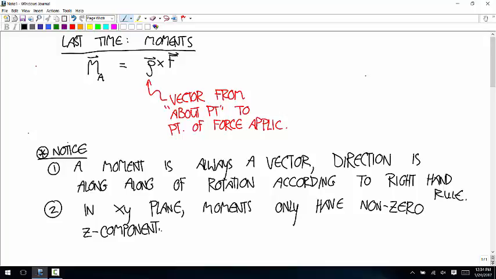And so later as we go on, I'm going to start out by writing all moments as 3 component vectors. But just to save pen strokes, when we're working in the XY plane, I'm going to start writing moments as just single numbers. But it's important to remember that that moment is always a vector. Even if I'm writing it as a number, that number is really a Z component of a vector.